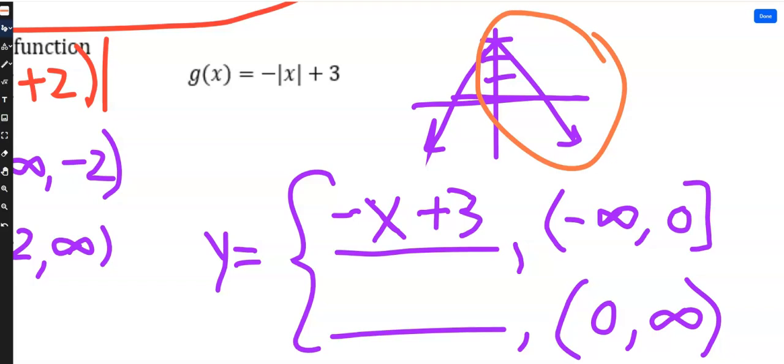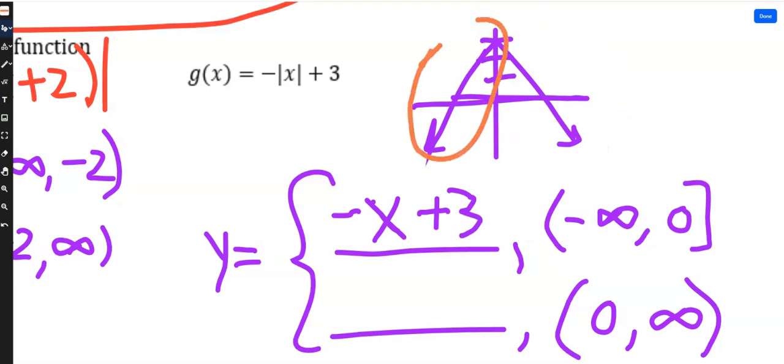Ooh, now let's see here. Something's different here. This side over here is not the complete opposite, is it? That's got a positive slope and a +3. Ooh, I might have to rethink this.